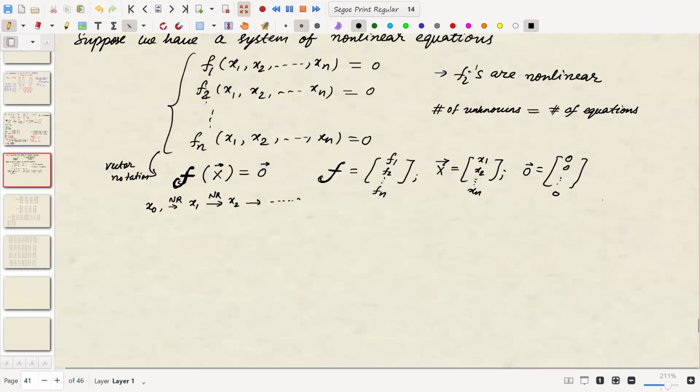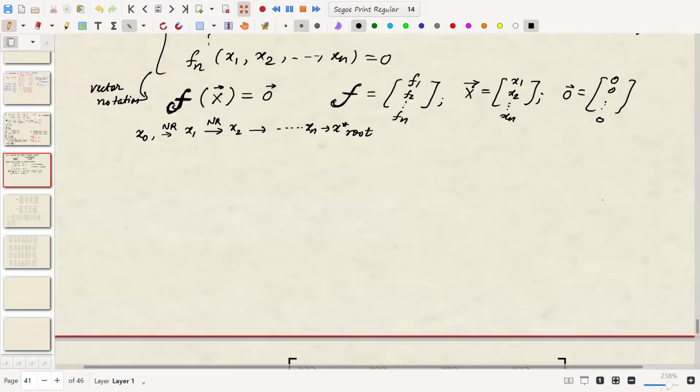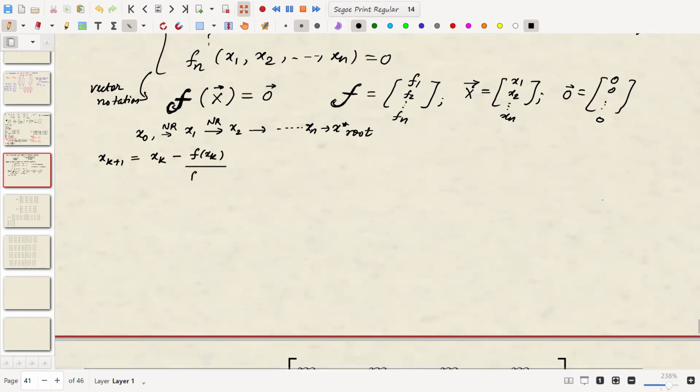We generate a sequence of roots, in the hope that xk is converging to the root. So, what was the iterative scheme? xk plus 1 is equal to xk minus f of xk over f prime at xk. Now, this is for solving just a scalar equation f of x equals 0. This is the normal Newton Raphson method.